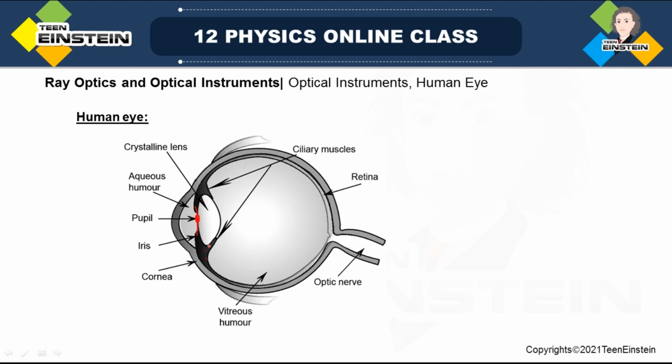The iris controls the size of the pupil. If there is bright light, the pupil automatically becomes very tiny, so that a very small amount of light can enter through the eye.